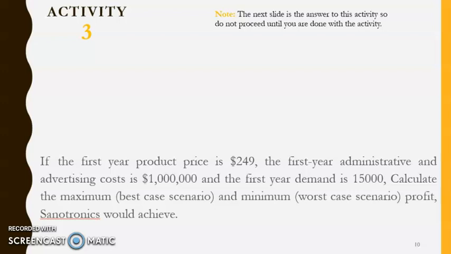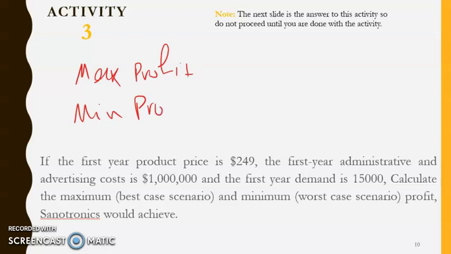Calculate the maximum best case scenario and minimum worst case scenario profit Sanatronics would achieve. So you need to give yourself two numbers, maximum and minimum profit in this situation that we have.